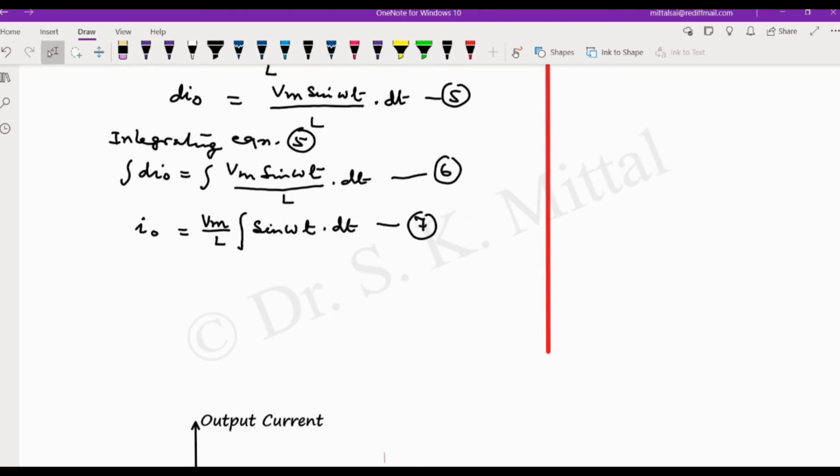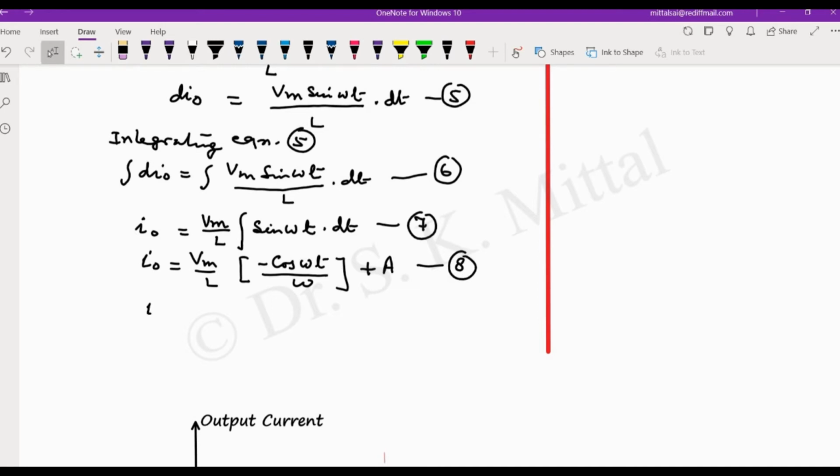Now, if we integrate sin omega t, we will obtain Vm upon L. Integration of sin omega t is minus cos omega t divided by omega plus integration constant a.